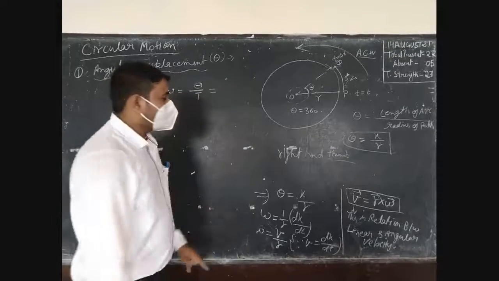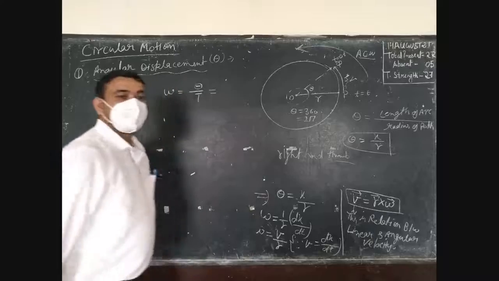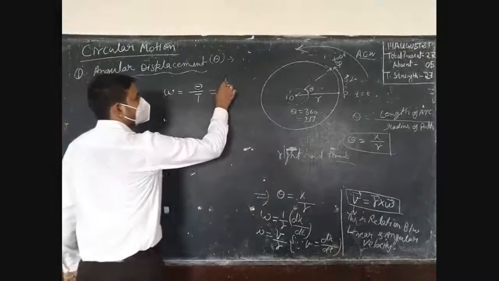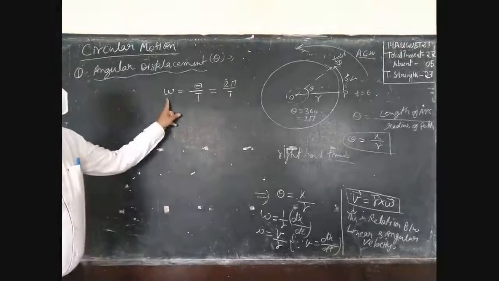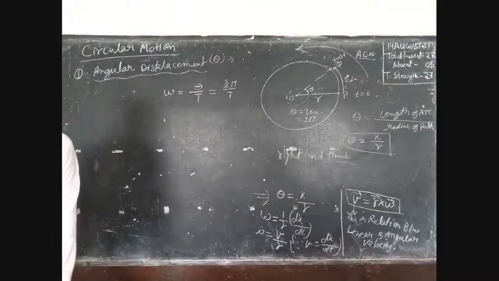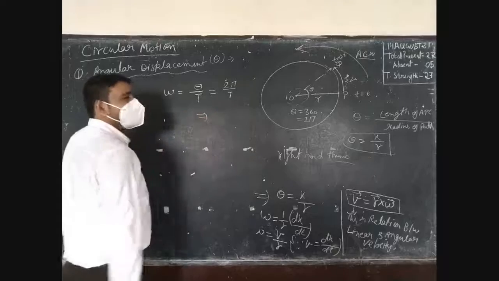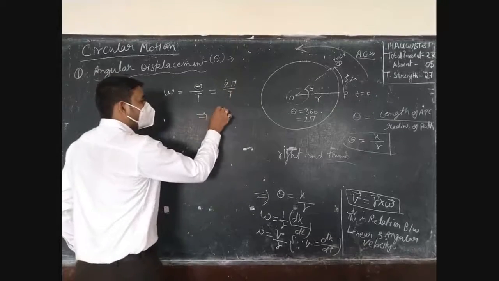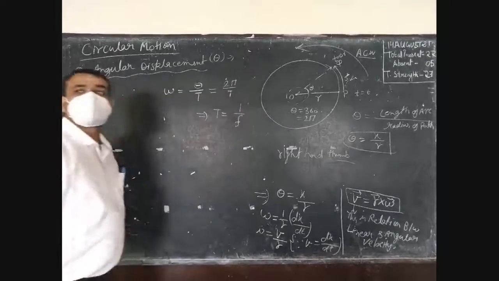Okay, and in radian terms, this 360 is equal to 2 pi. Here we use this, so this will become 2 pi upon t. This is another form of angular velocity, in terms of time. Now, as you know, this time is the reciprocal of frequency.